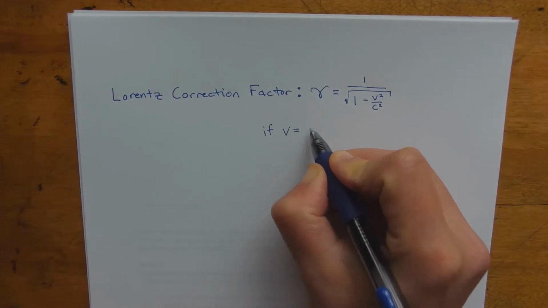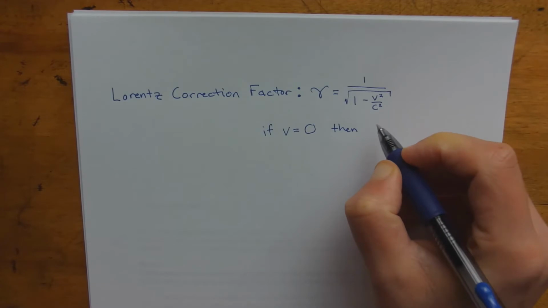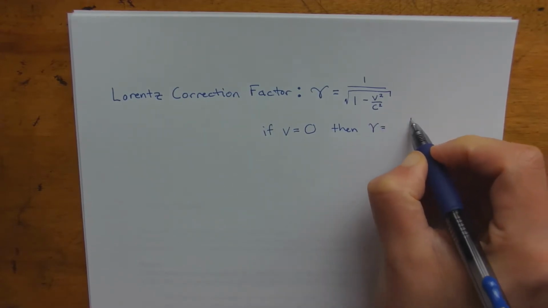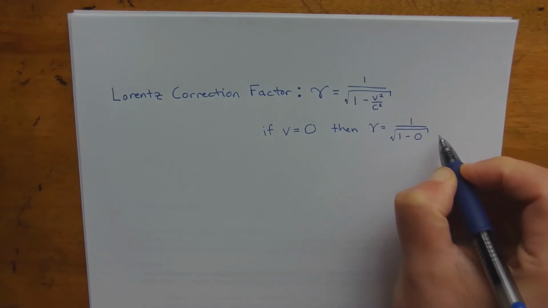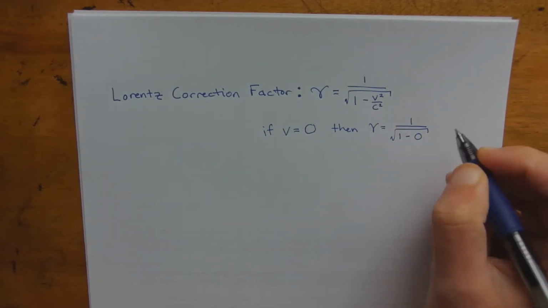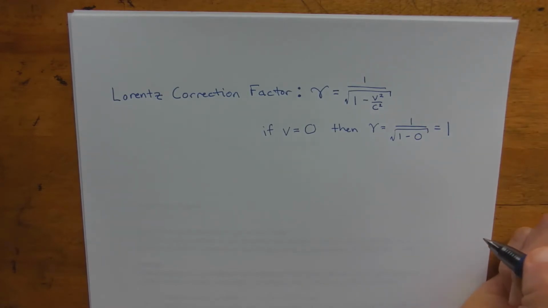So if v is equal to 0, then for the correction factor we have gamma is equal to 1 divided by 1 minus 0, which just gives us 1. And the fastest speed that the object could be going at is the speed of light.